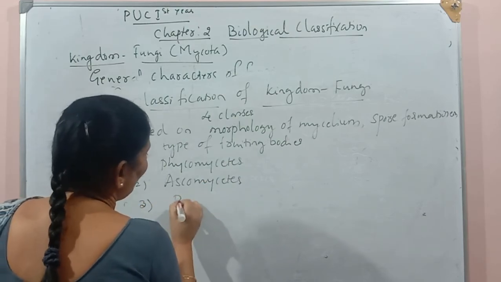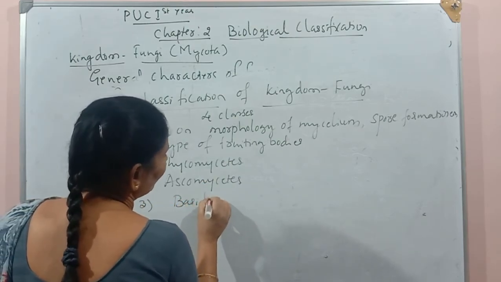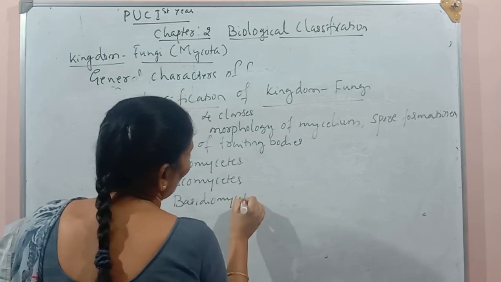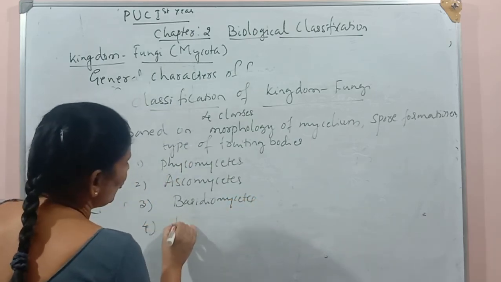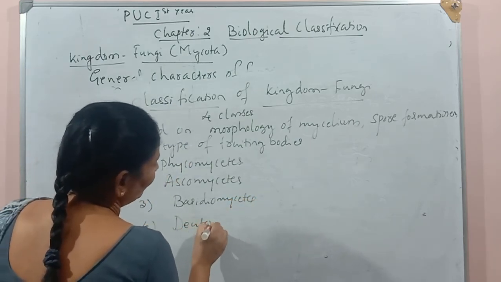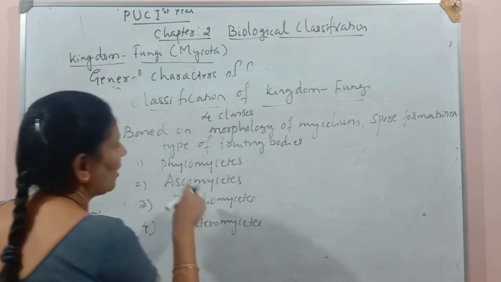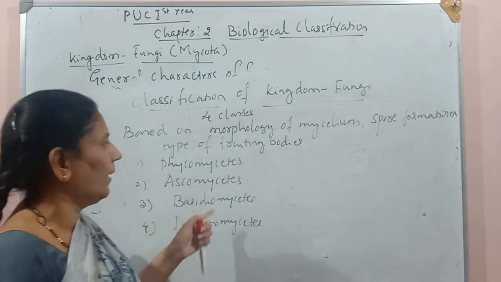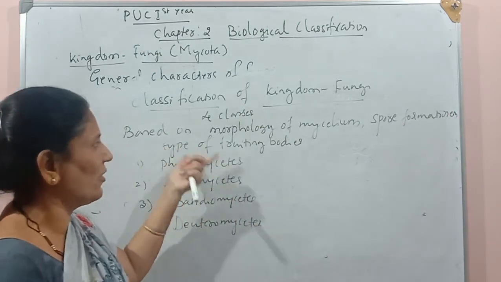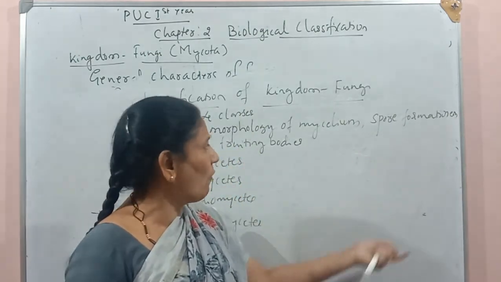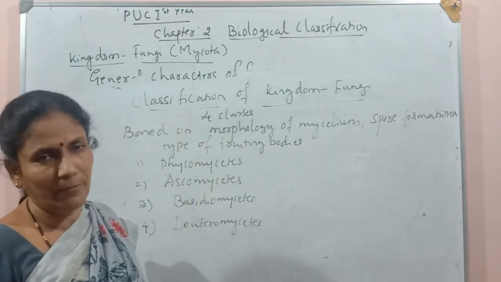Third one is Basidiomycetes. And fourth one is Deuteromycetes. So these are the 4 classes of kingdom fungi, and they are classified based on morphology of mycelium, spore formation, and fruiting bodies.